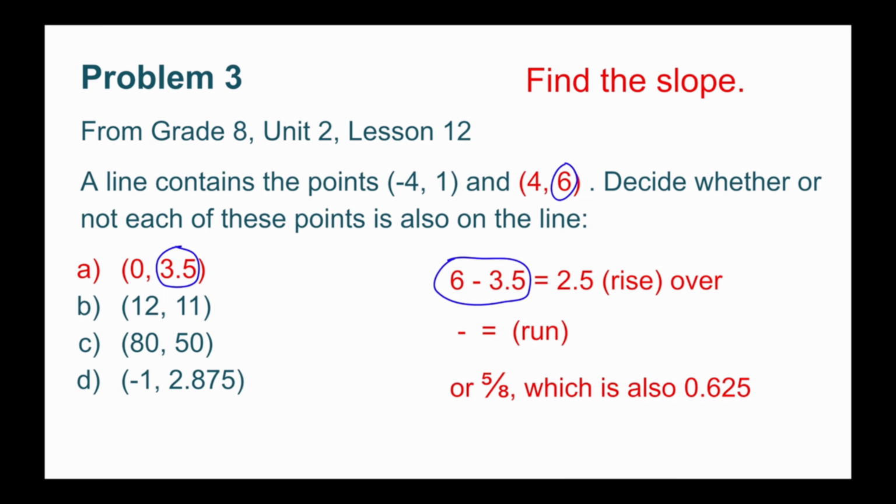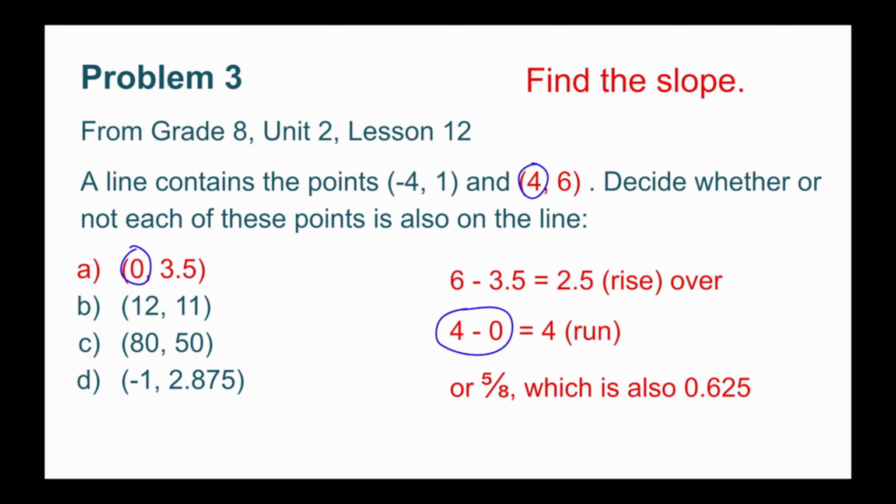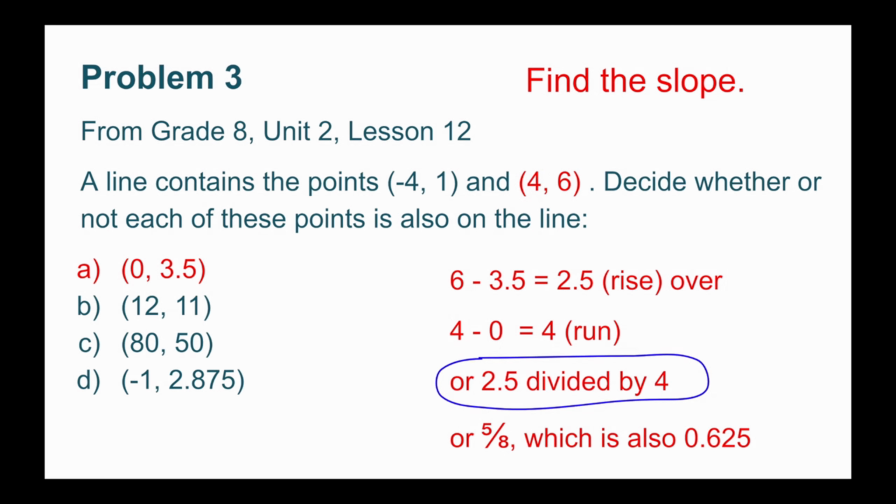So the rise would be 2.5 and the run would be 4 minus 0. 4 minus 0 equals 4. 2.5 divided by 4, or 2.5 over 4, is equivalent to 5/8, which is also equivalent to 625 thousandths, or 0.625. The coordinates for A would be yes. That point would be on the same line.